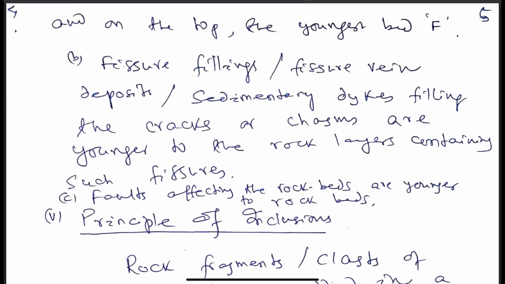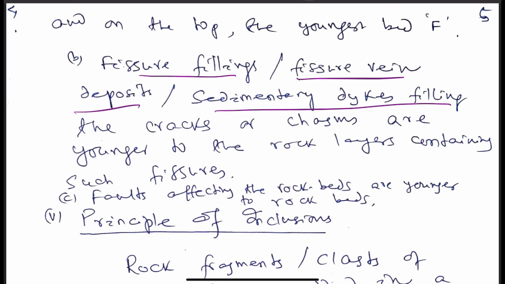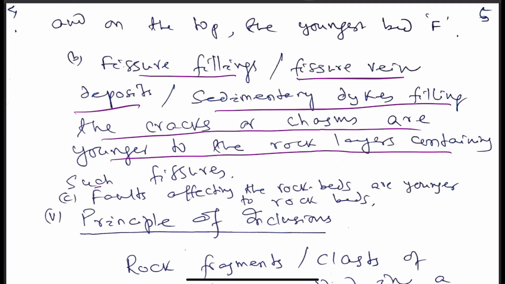Similarly, if the fissure fillings are there, fissure veins are there, deposits are there, sedimented dikes filling the cracks or chasms are there, they are always younger to the rock layers containing such fissures, cracks or chasms.